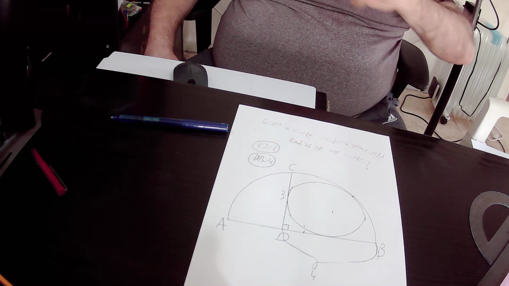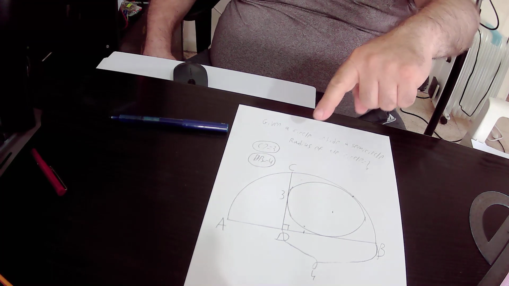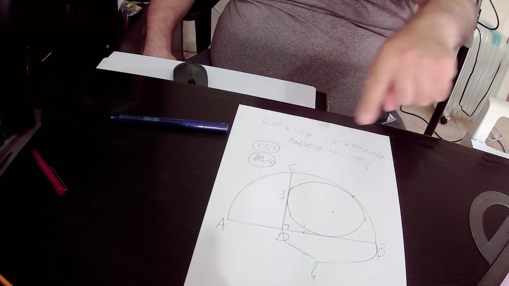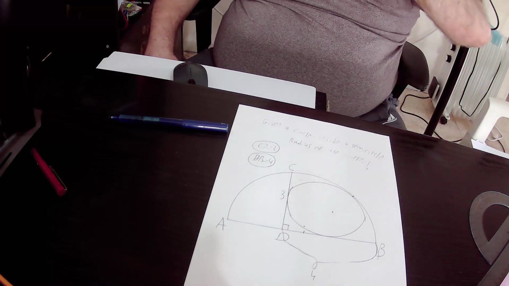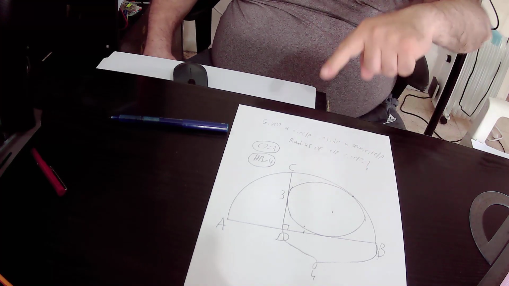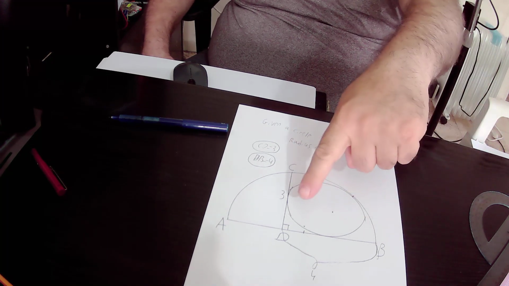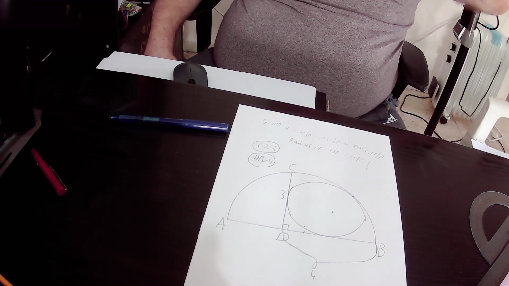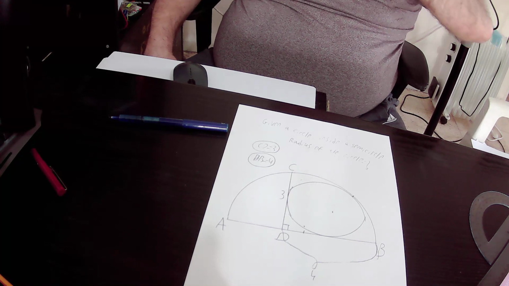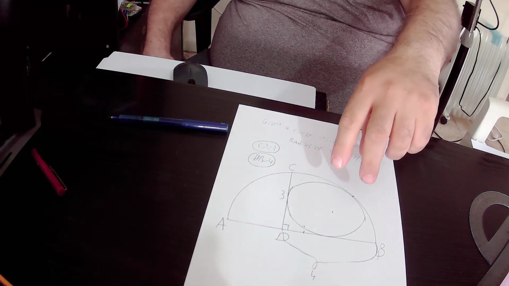We know that side CD equals 3 units, side DB equals 4 units, angle CDB equals 90 degrees, and we want to find out the radius of this small circle.